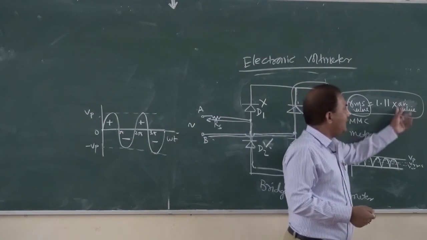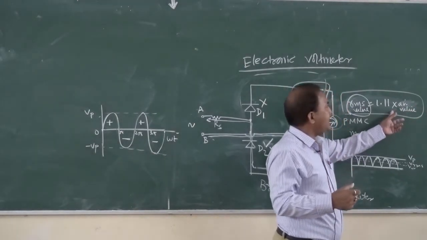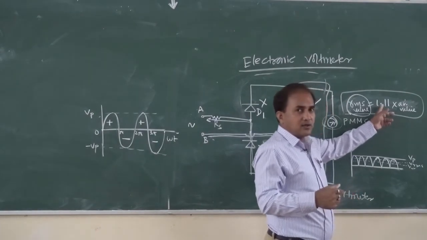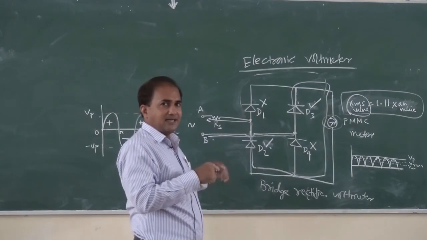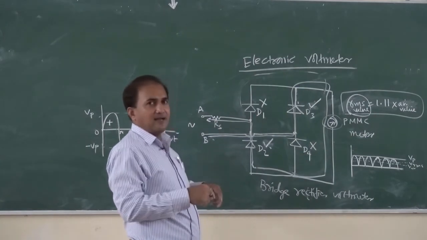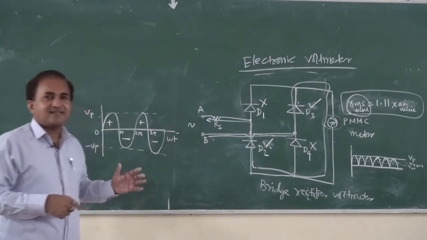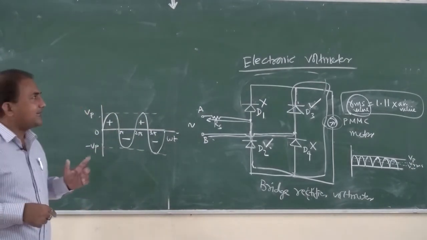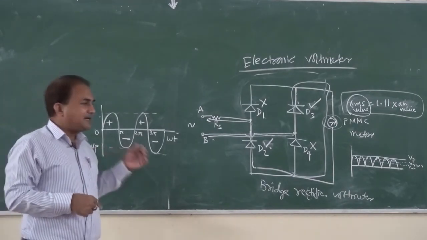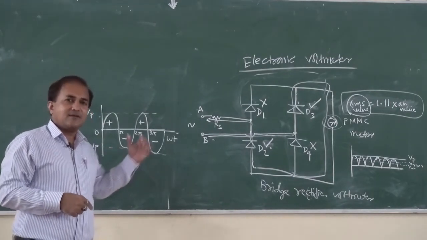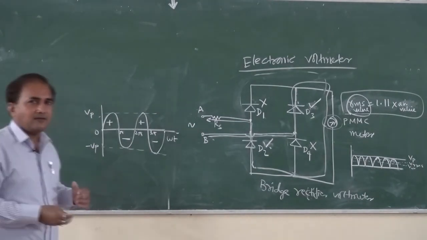Whatever average value it is getting, it is multiplied with 1.11, so the value is displayed as an RMS value. So we can measure AC voltage as well as DC voltage by using an electronic meter. We measure AC voltage by using the bridge rectifier voltmeter, and we measure DC voltage by the electronic transistor voltmeter.